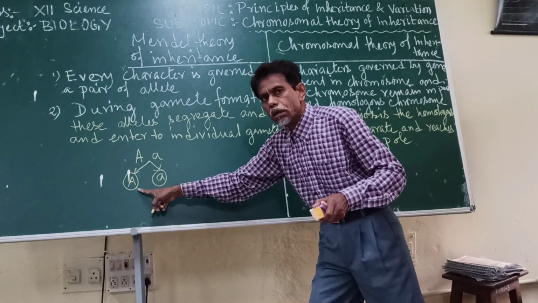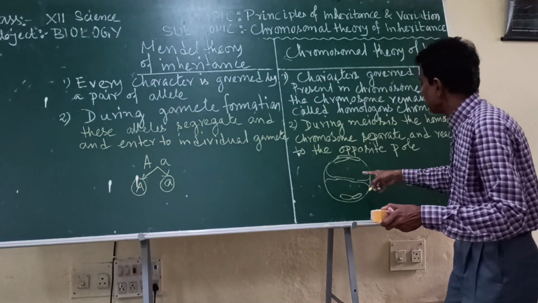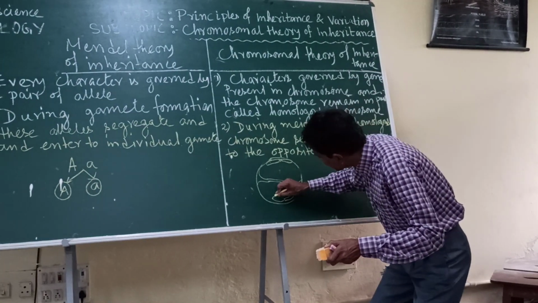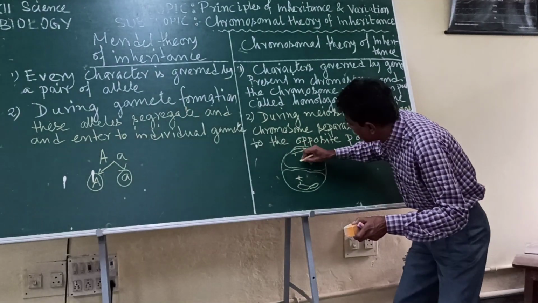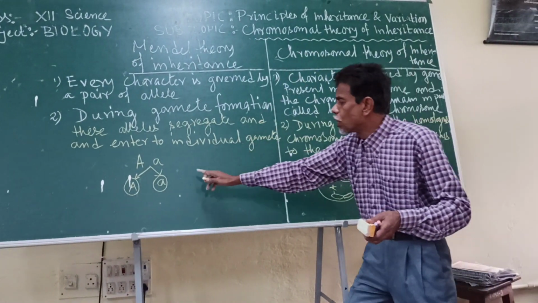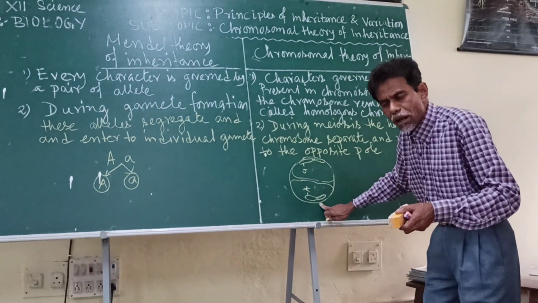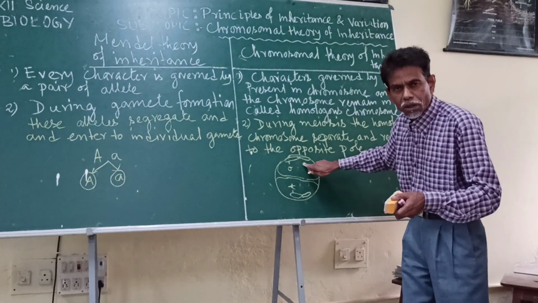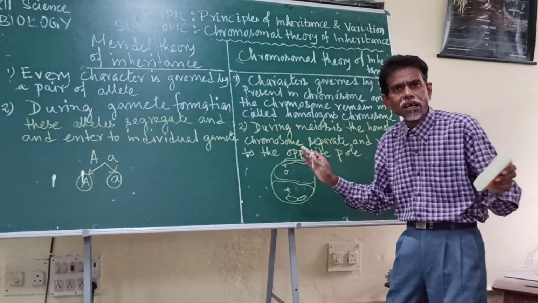Here each gamete receives an individual allele; here each gamete receives an individual chromosome, and in that chromosome the genes are present. So the same thing Mendel told in the form of factors, Sutton and Boveri told that this factor or gene is present in the chromosome, and along with the chromosome they segregate. Is that very clear?